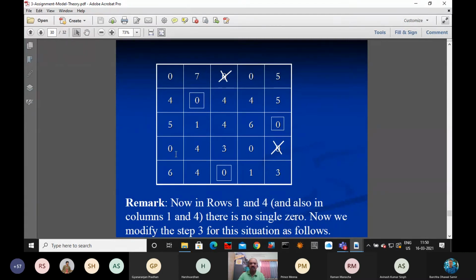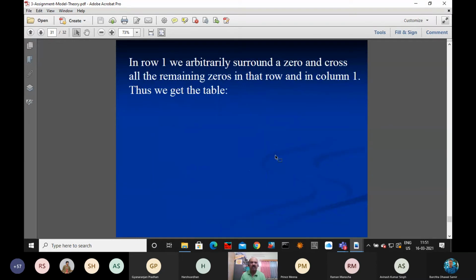Third, we are not assigning, there are 2 zeros, and in the fourth row there is 1 zero we have assigned. So now what is happening to this? In the first column there is no assignment, in the second column there is one assignment, in the third column there is an assignment, the fourth column there is no assignment, and the fifth column there is an assignment.